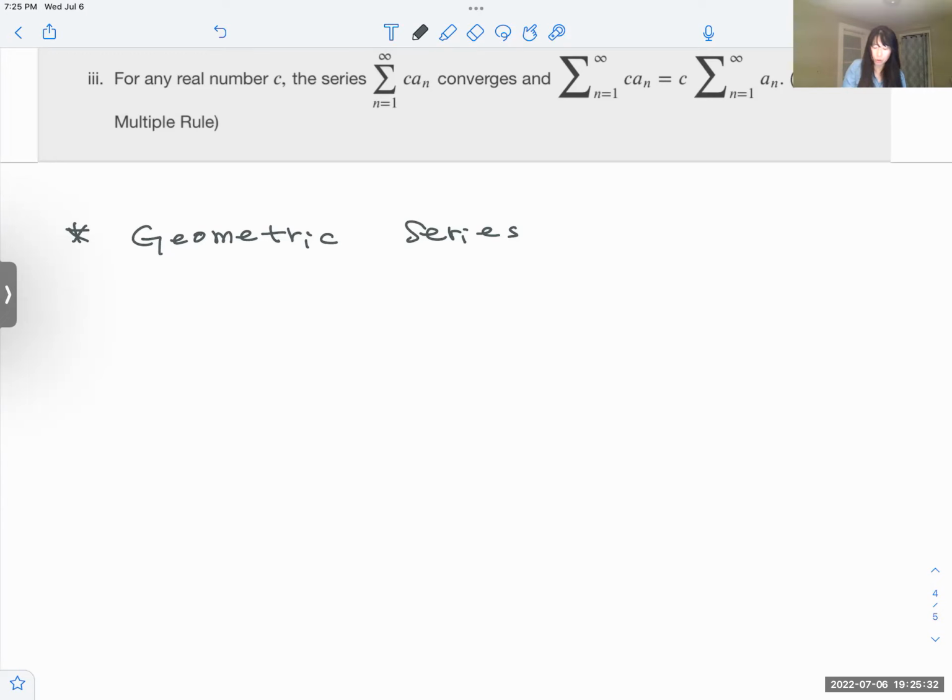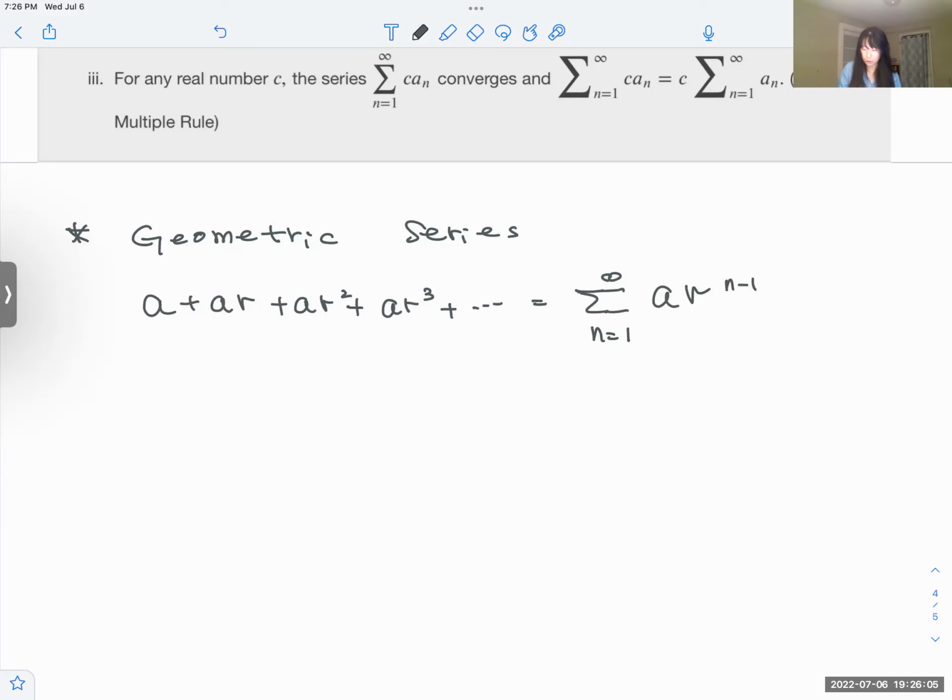So sum looks like this: a plus ar plus ar squared, ar to the third power. Then we say that this is summation from n equal to 1 to infinity of ar to the n minus 1, okay?